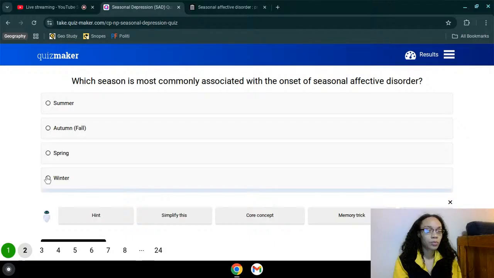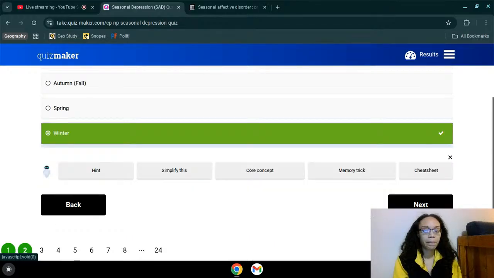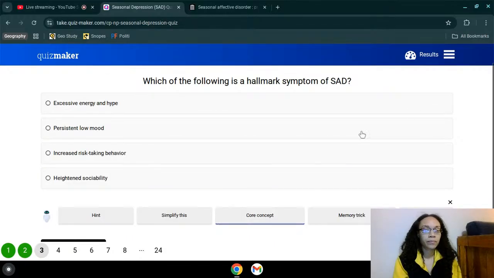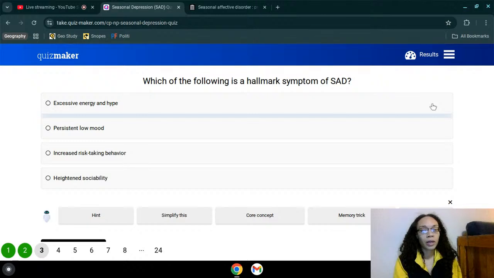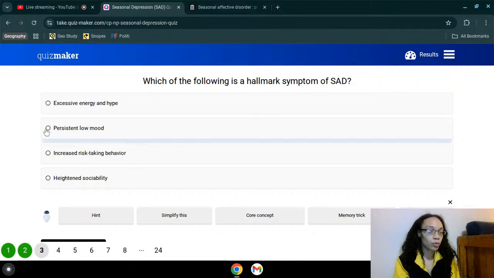I think it's winter. Which of the following is a hallmark symptom of SAD? Excessive energy and hype, persistent low mood, increased risk taking behavior, or heightened sociability? I'll say persistent low mood.